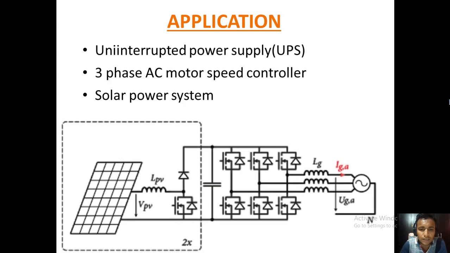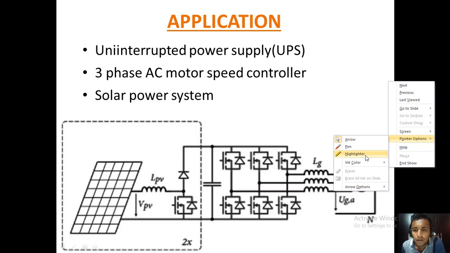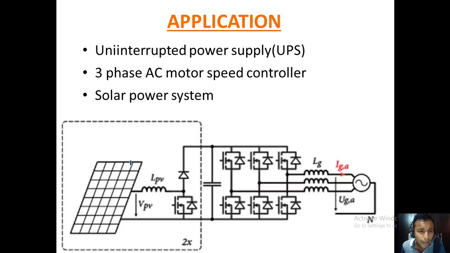So if we draw the circuit, you can see that is a PV solar panel, and that is an inverter circuit, and here you can get DC to AC. Here you can get the AC supply. You can see that is a solar panel and that is a three-phase inverter circuit, and here you can get a three-phase AC supply. Okay, so in the solar power system a three-phase inverter circuit is also useful.